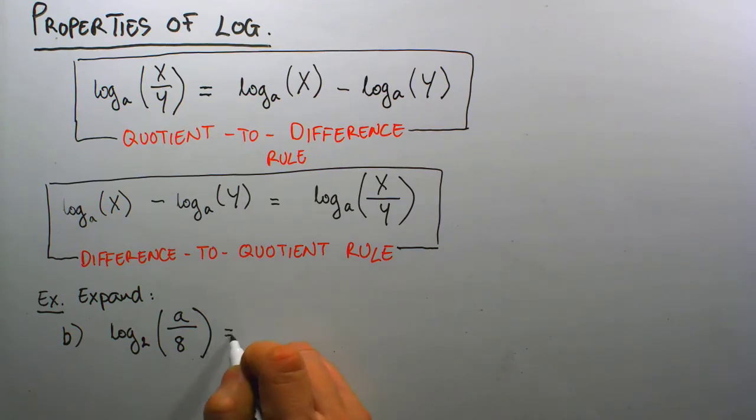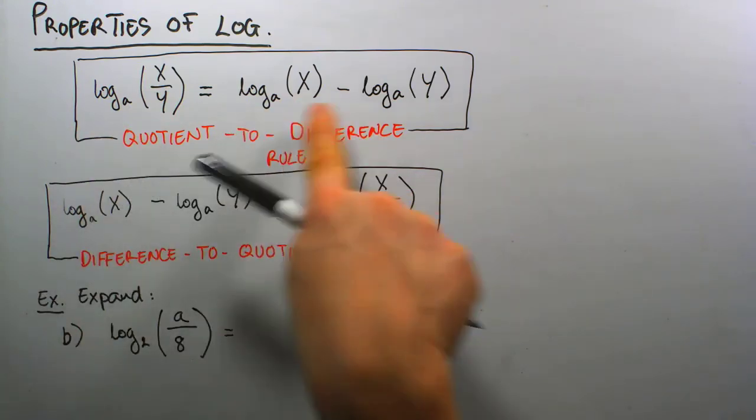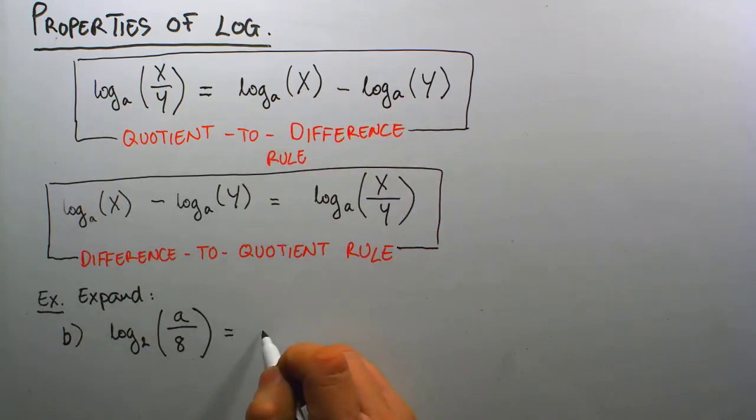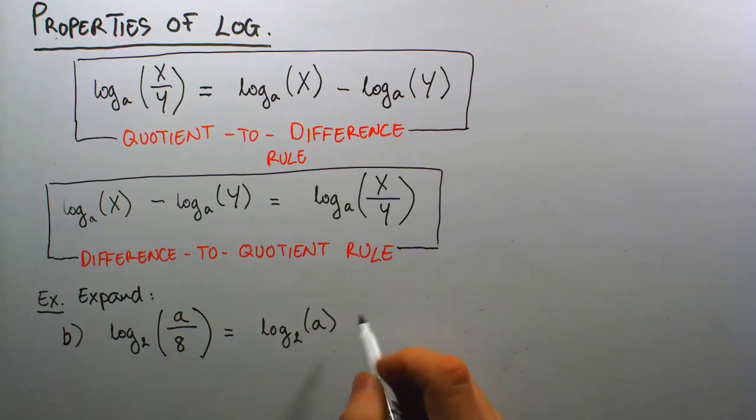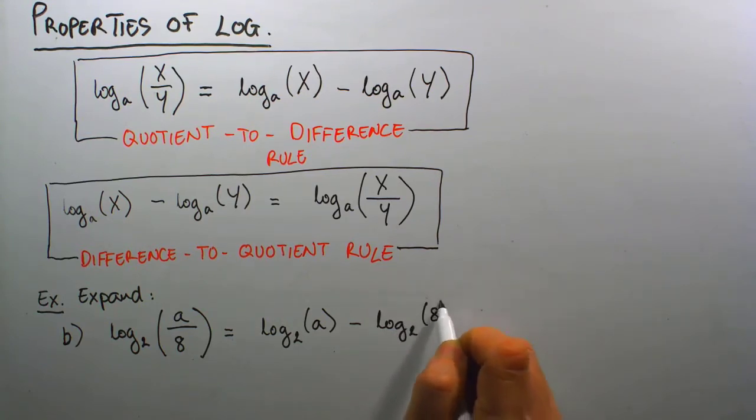So now with our understanding of this property, where we can go from the logarithm of a quotient to the difference of two logarithms, I can expand this as log base 2 of a minus log base 2 of 8. So as far as expanding the expression, we have it done right here up to that point.